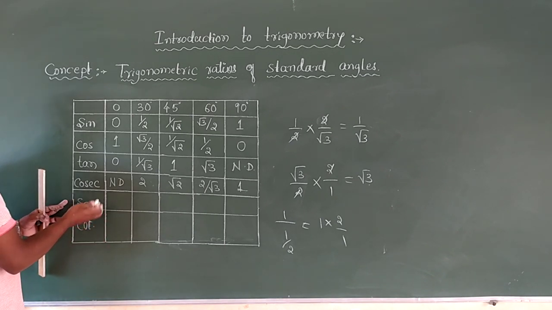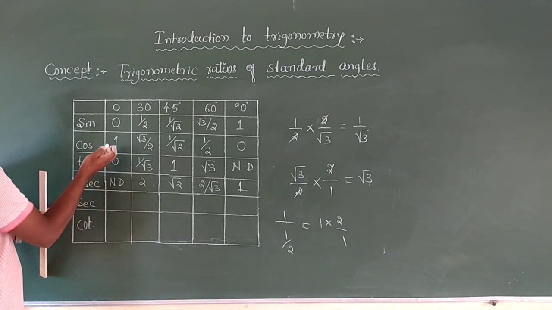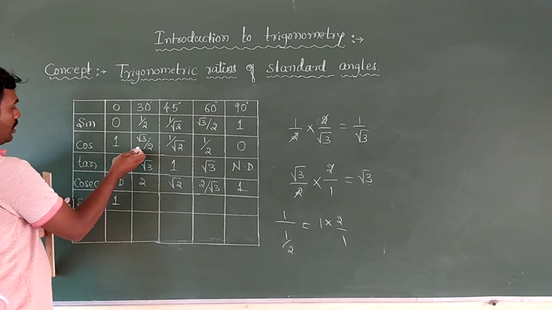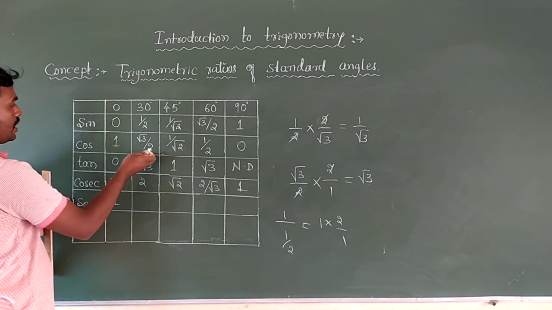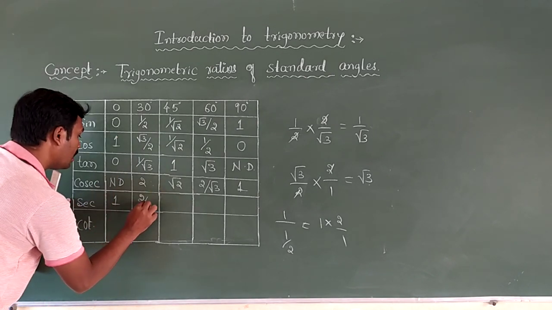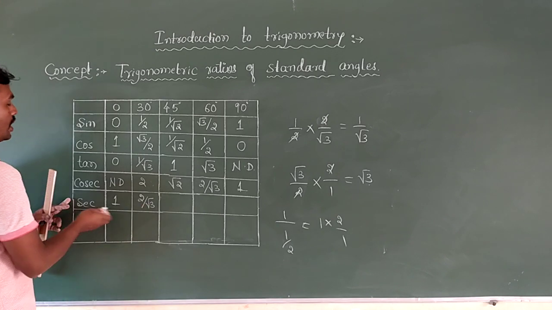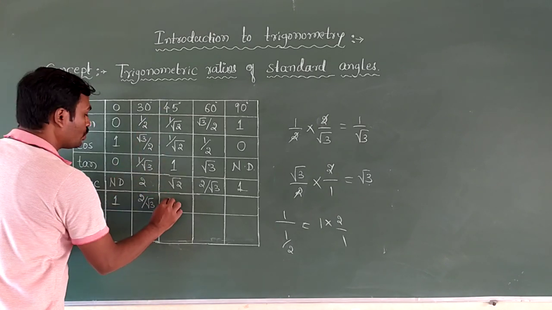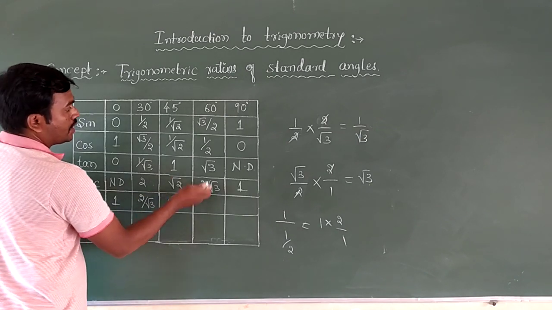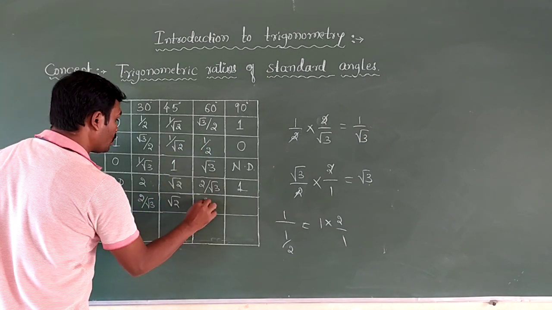Now sec is the reciprocal of cos. Sec 0 is 1 by 1, which is 1. Sec 30 is 2 by root 3. Sec 45 is root 2. Sec 60 is 2 by 1, it is 2.